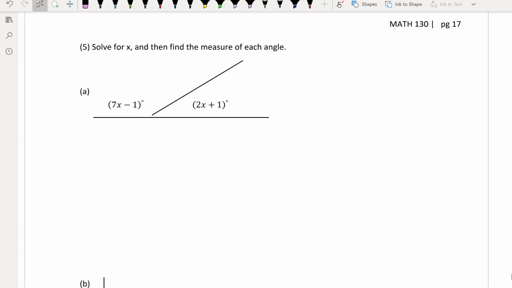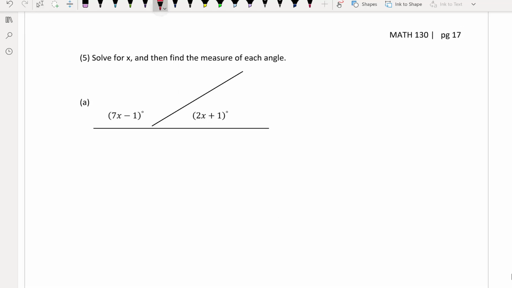Now for number 5, it says solve for x, and then find the measure of each angle. Here, you have to realize that a straight line, what is the degree of a straight line? If you think about it as half a circle, it's going to be 180 degrees.